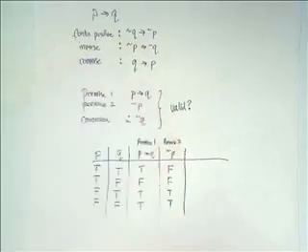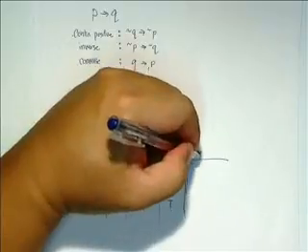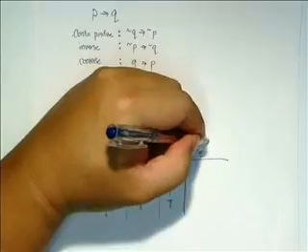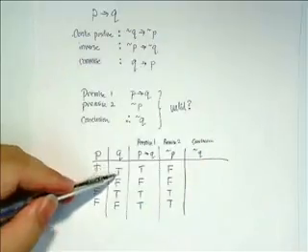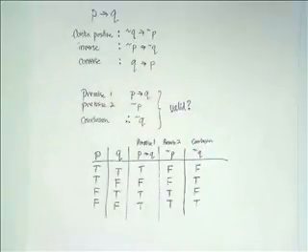You would then have to construct a column for the conclusion. Our conclusion is not Q. Negation of Q, so Q is true, false, and here it will be false, true. After that, to determine the validity of the argument, you need to identify what is known as the critical rows. For critical rows, we look at the premises. We do not look at the conclusion when finding critical rows.